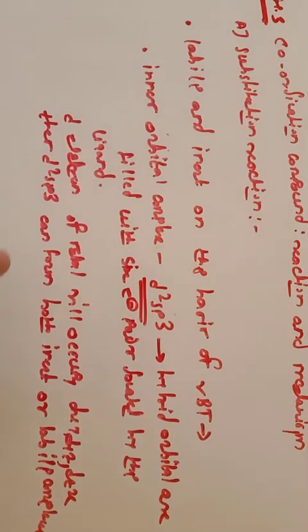We know that the inner orbital complex has d2sp3 hybridization, the 6 electron pairs are donated by the ligands, and the d electrons of the metal occupy the t2g orbitals, that is dxy, dyz, and dzx, which are completely filled.